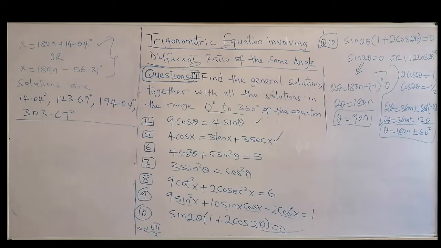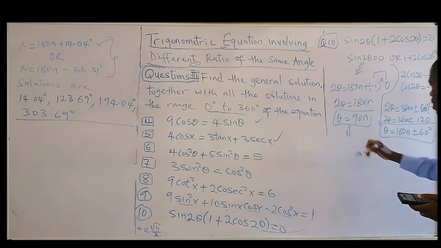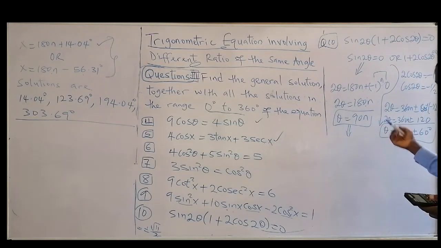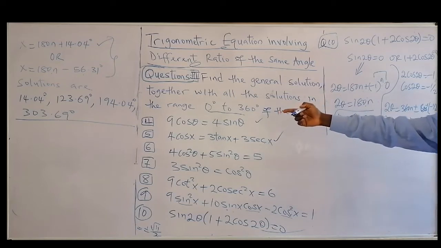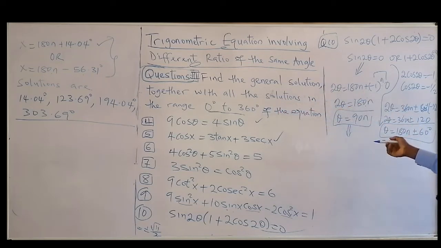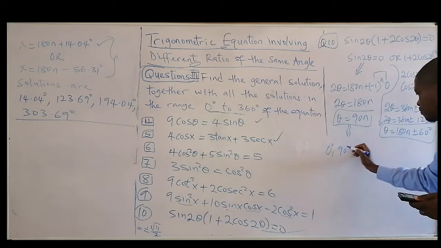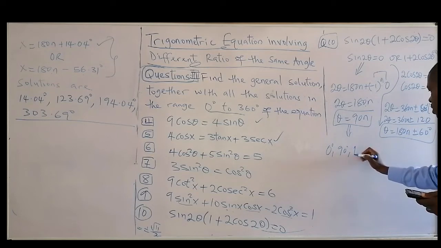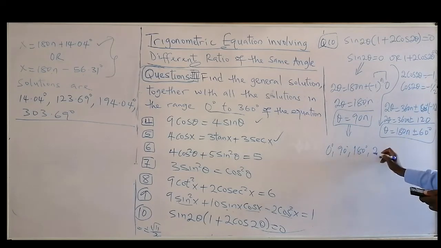Okay, so let's tackle this. Let's start from n equals 0, because your range of values is from 0 to 360. So n is 0, we have 0. N is 1, we have 90. N is 2, we have 180. N is 3, 270. N is 4, we have 360.